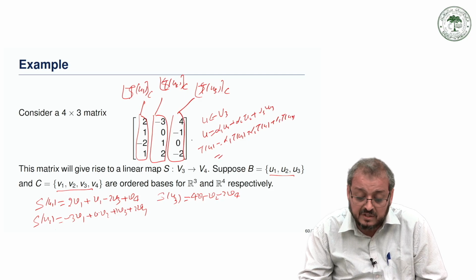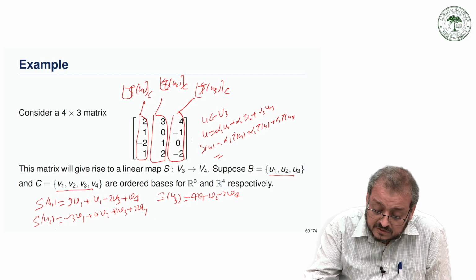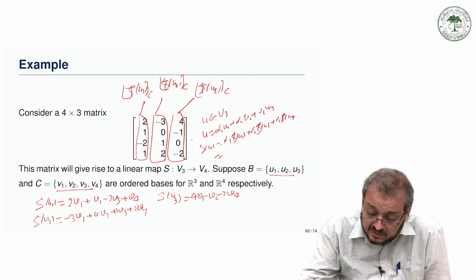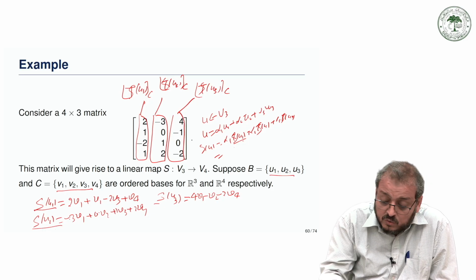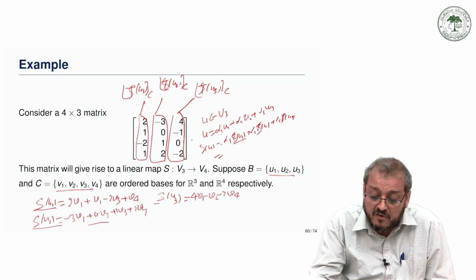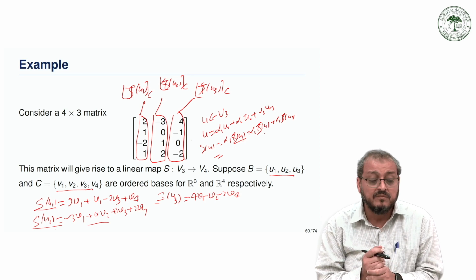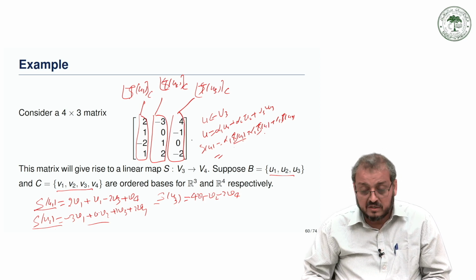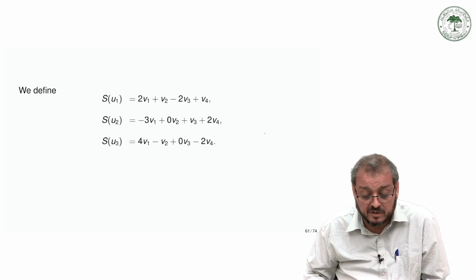That means we operate S here, so this is S of each, and we substitute the values of S(u1), S(u2) and S(u3), and we know the values of the scalars. That means we can construct a linear transformation in this way, and it can be written into this form.